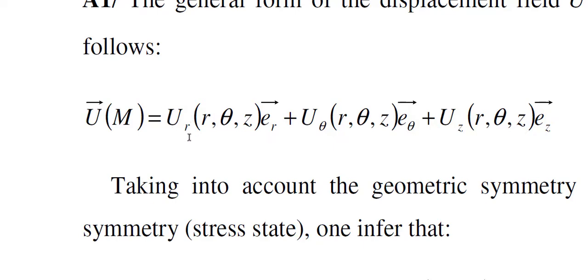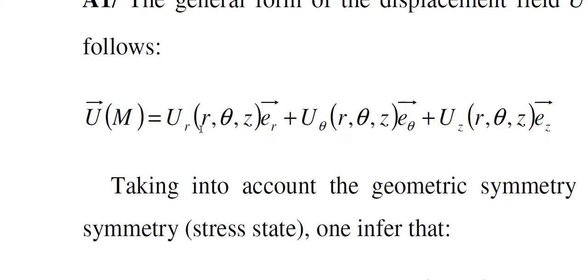UR is the component along the radial direction ER. U theta is the component along the circumferential direction E theta. And UZ is the component along the longitudinal direction EZ. The considered point M in the cylindrical base will have three coordinates.